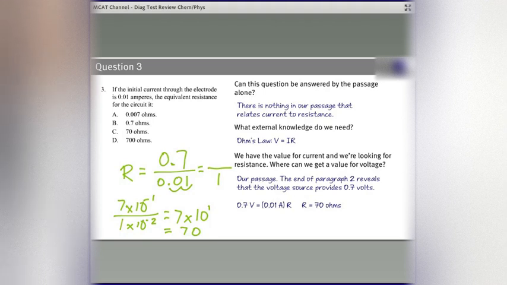You have to move it by 2 places. And that gives us 70 over 1. Either of these techniques will work. Use the one that you're more comfortable with. But again, don't get intimidated by the decimals. Just turn it into a form that makes it easy to do it right. Okay? And the answer is indeed answer choice C, 70 ohms.